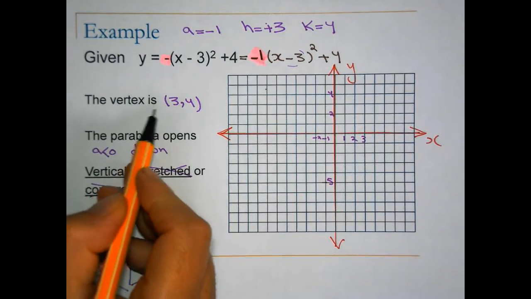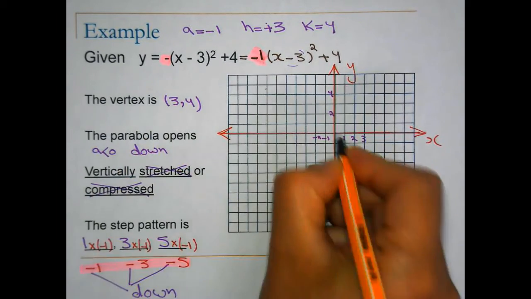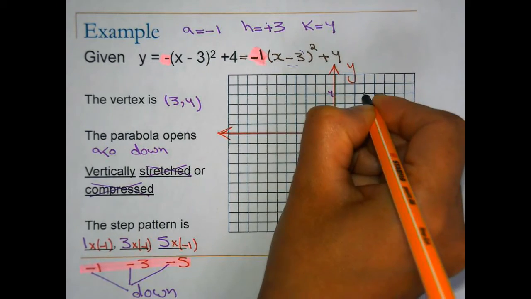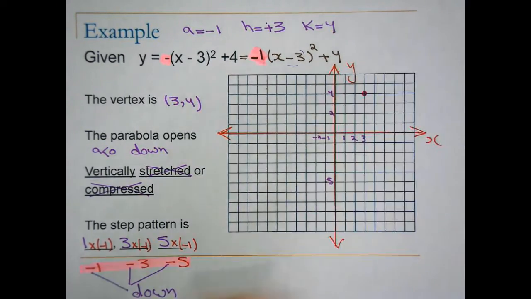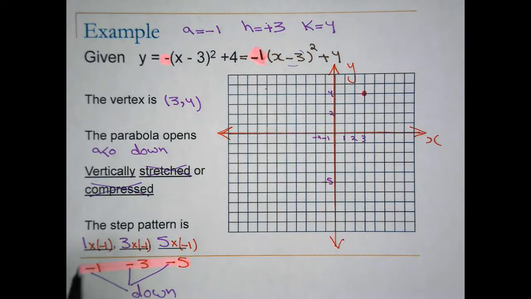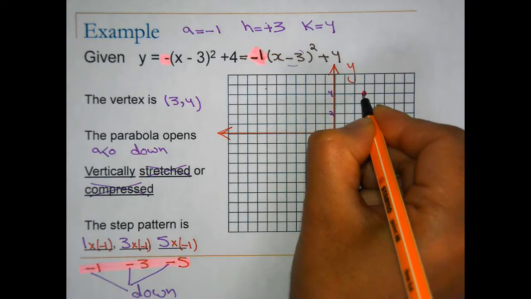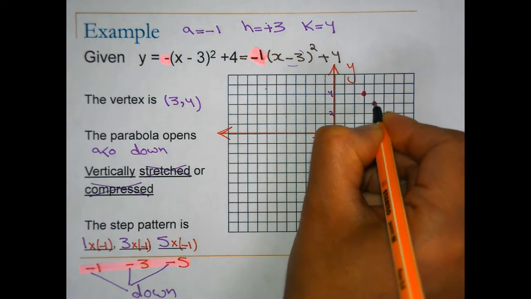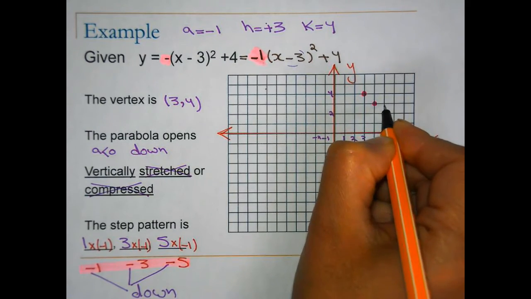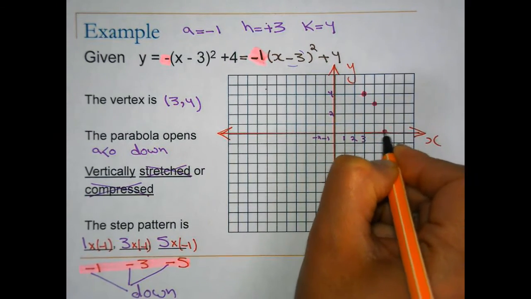And now we start by plotting our vertex. So 1, 2, 3, and 1, 2, 3, 4. And then 1 across, and -1 here means go 1 down. 1 across, 1 down. And then again, -3, 1 across, -3 means 1 down. 1 across, 1, 2, 3, 1 down.